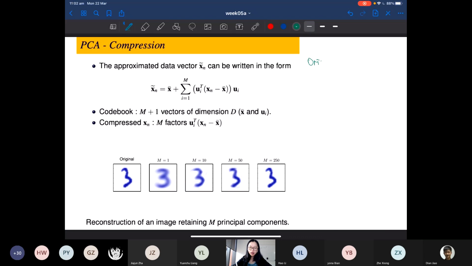The original data is n data points times d dimensions. The compressed data will include n data points times m dimensions, plus the codebook of m plus 1 vectors of d dimension.